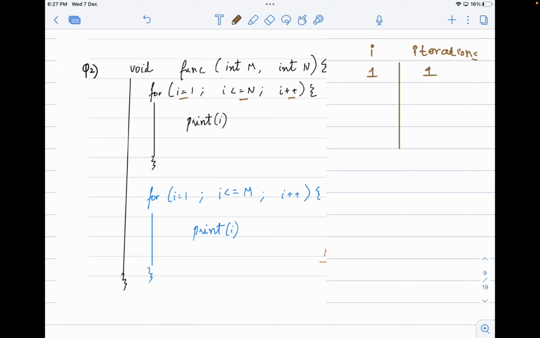If your i is 2, again 1 iteration will happen, and so on: 2, 3, 3, this will go till n and this will go till n. Simple, right? So this iteration count is 1, this is 2, this is 3.